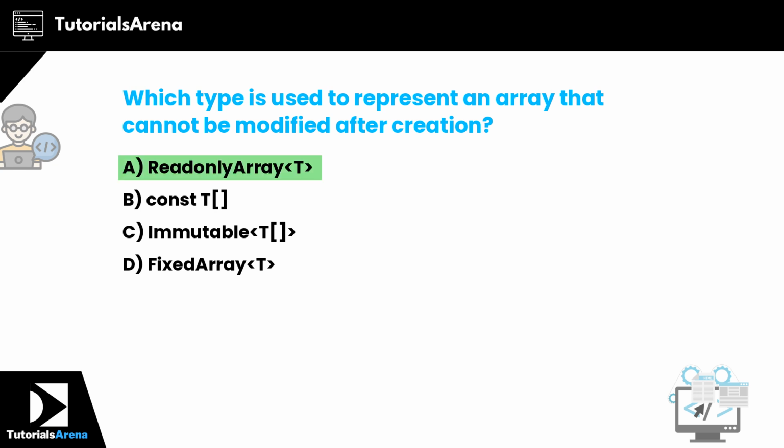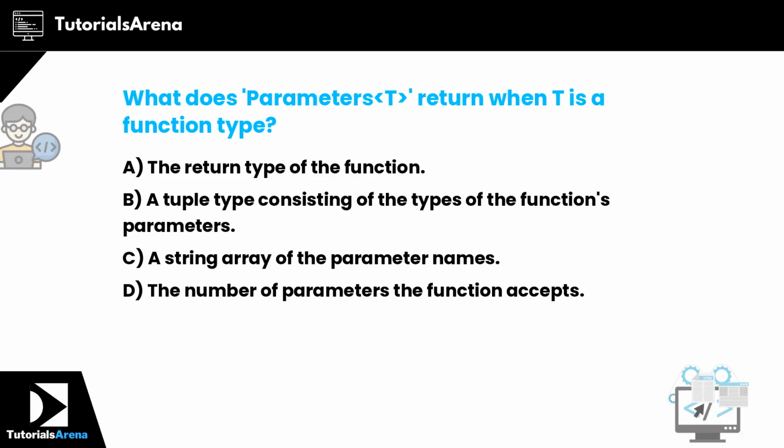The correct answer is option A, ReadonlyArray<T>. What does Parameters<T> return when T is a function type? The correct answer is option B, a tuple type consisting of the types of the function's parameters.